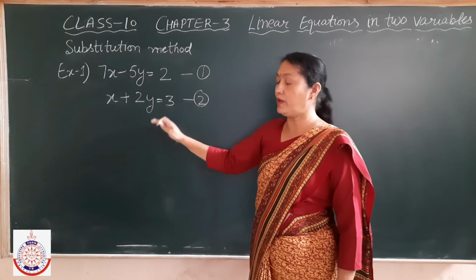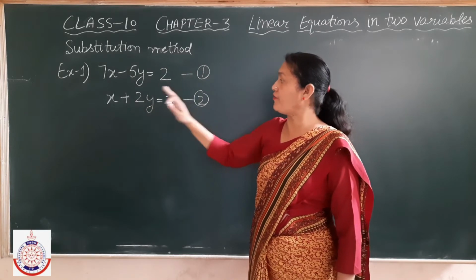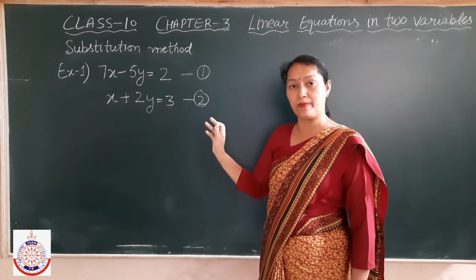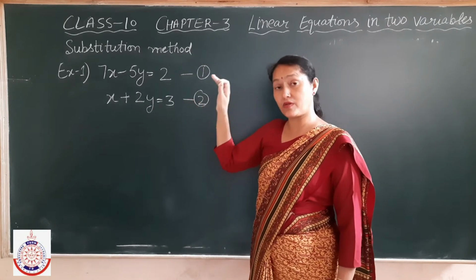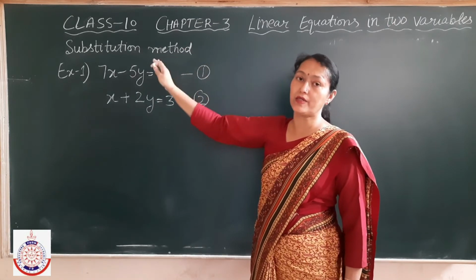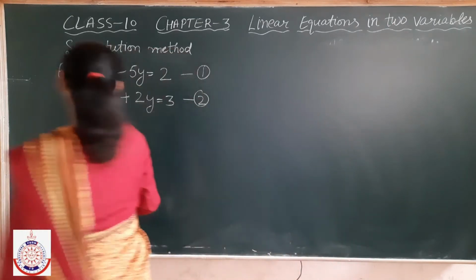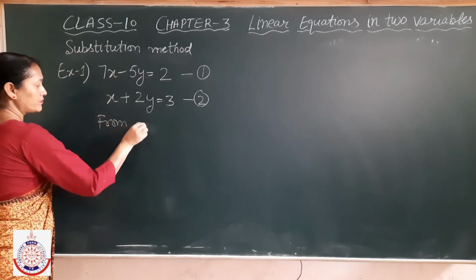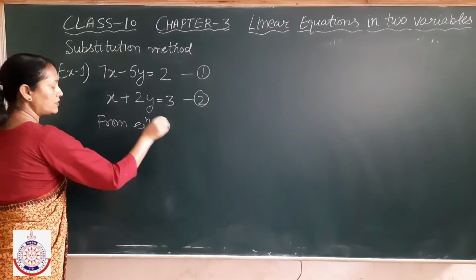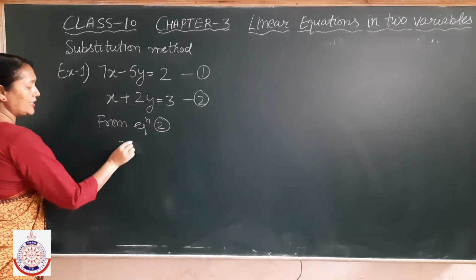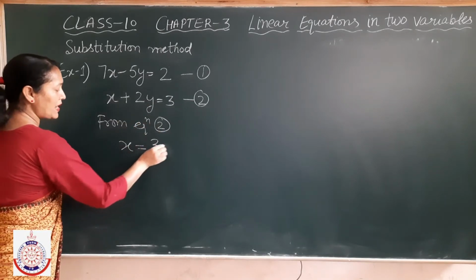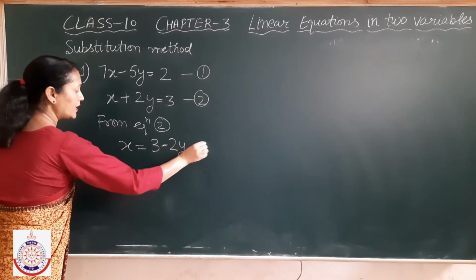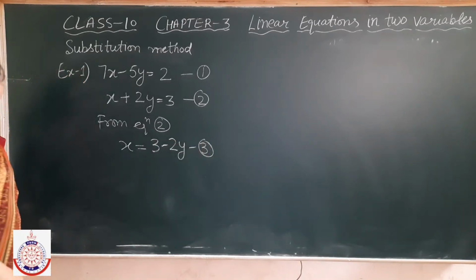As the name suggests, in substitution we write one variable in terms of the other variable and then substitute that value in the other equation. From equation number 2, if I rearrange the terms, I can write x as 3 minus 2y. That will be the third equation.